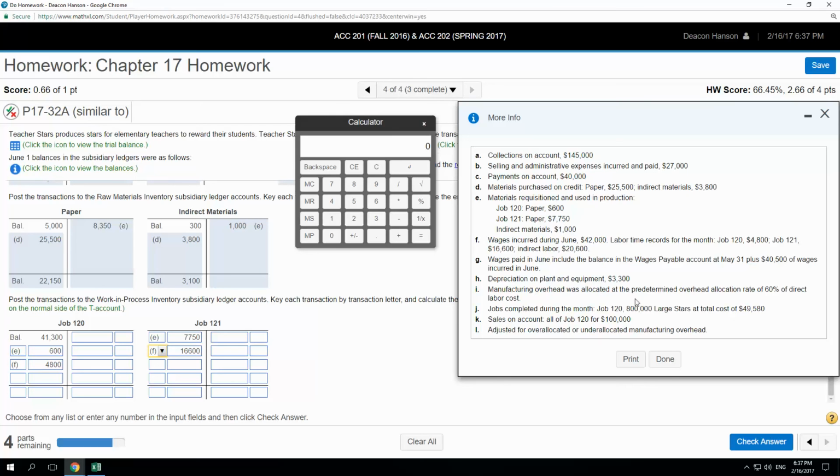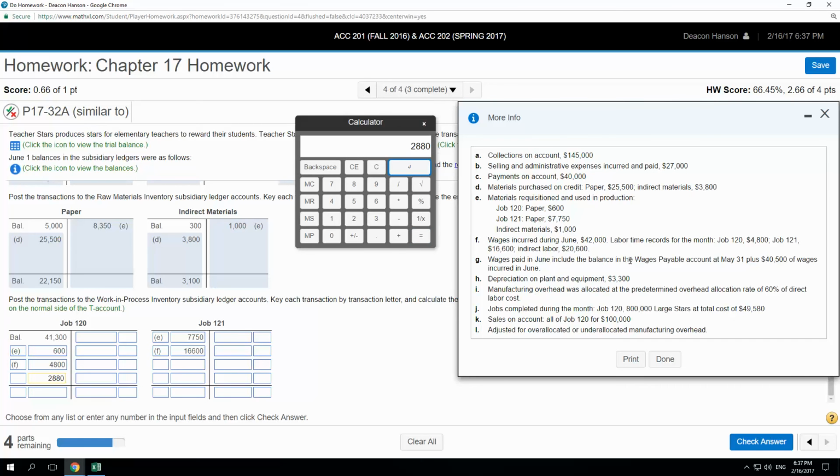Now, we have to allocate the overhead by job. So remember, overhead is allocated at 60% of direct labor. So for each job, I'm going to take the item F figure. So for job 120, it's 4,800 and multiply by 0.6. And that's the amount of overhead allocated.